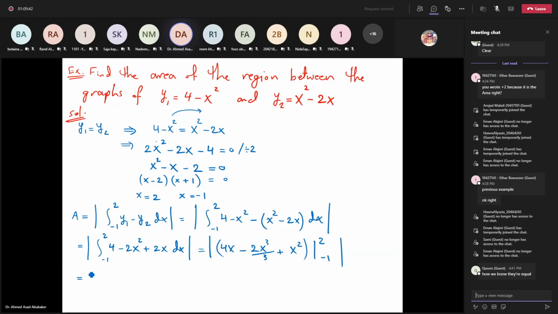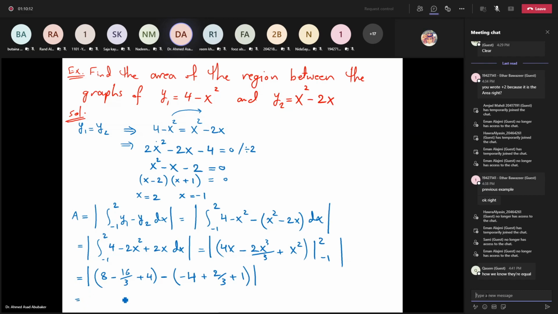Now substitute 2, we have 8 minus 16 over 3 plus 4, minus the substitution of negative 1: negative 4 plus 2 over 3 plus 1.